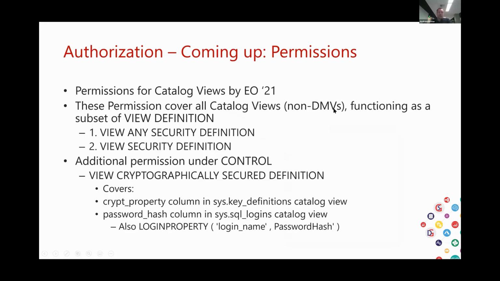So here I basically created a new VIEW ANY SECURITY DEFINITION permission, and below in the database the VIEW SECURITY DEFINITION that again focuses on security sensitive data. There can be key information, etc., or logins and permissions. So it's really optimal for security auditors who really just want to see which logins exist, which users exist, which permissions they have, but do not need access to performance data, and vice versa.